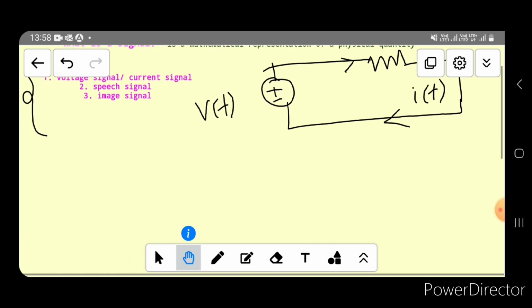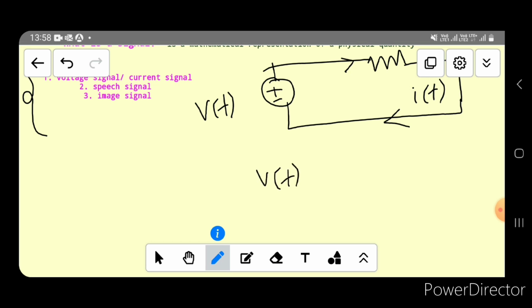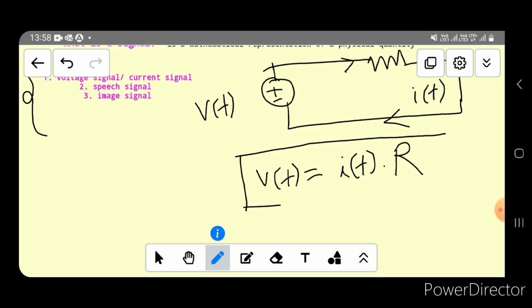We all know by Ohm's law V(t) equals I(t) into R, where V(t) and I(t) are two analog signals, we can say, that depend upon an independent variable time t.